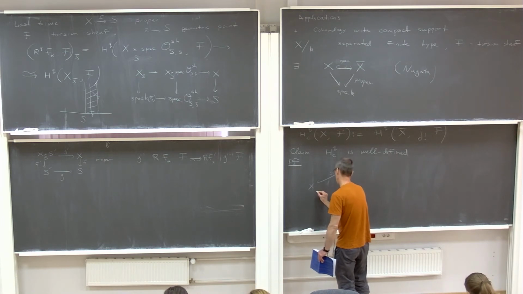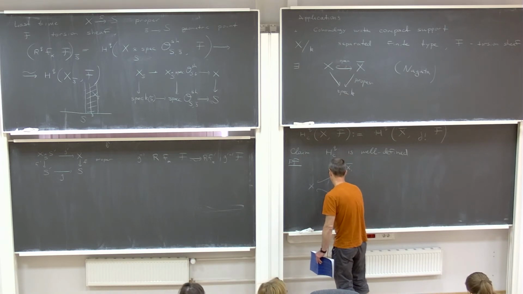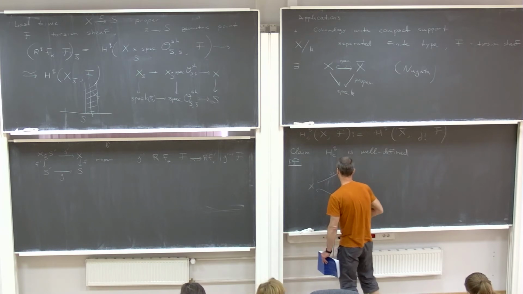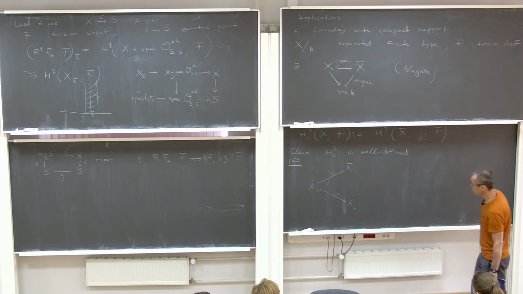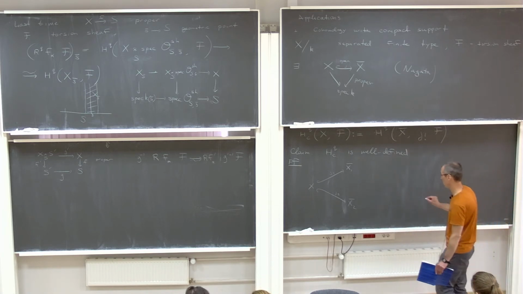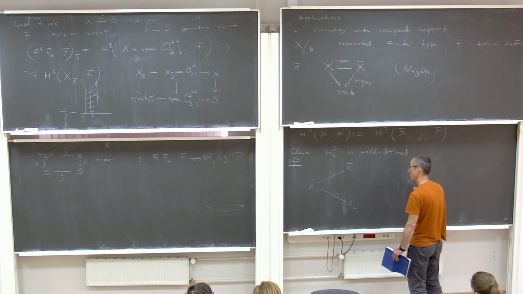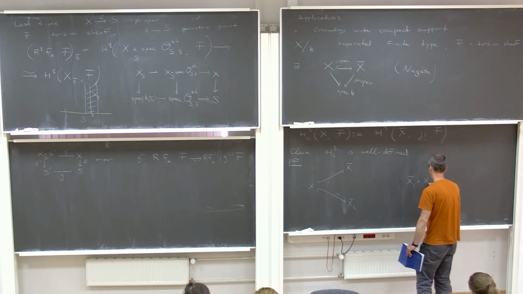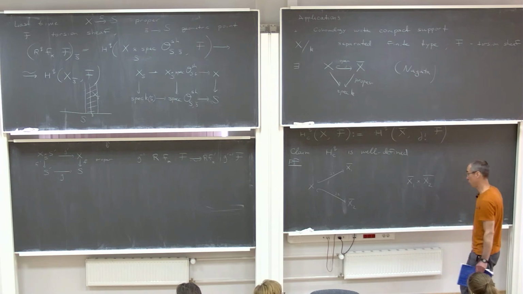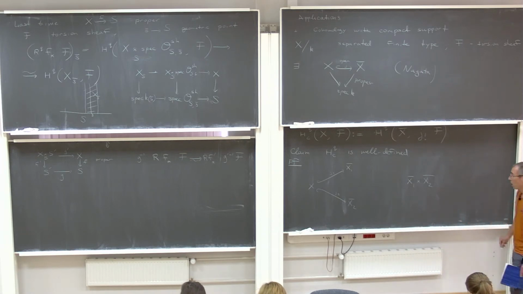This is going to be j2. So these are open embeddings. And in this situation, I can produce a third compactification by first taking the product of these guys, which is also a proper scheme.